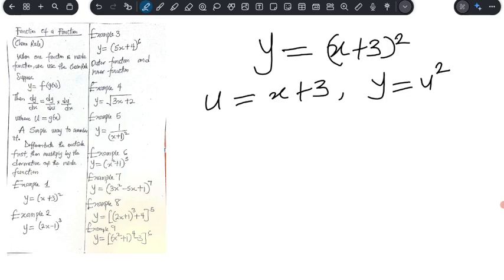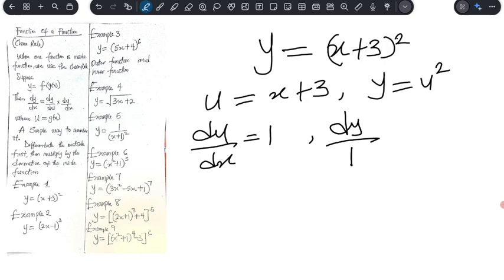So let's differentiate du/dx. When you differentiate x + 3, it gives you 1. Let's differentiate dy/du, it gives us 2u.